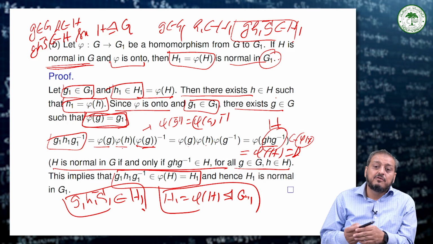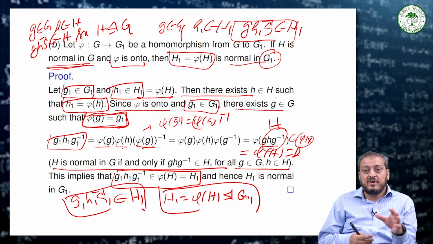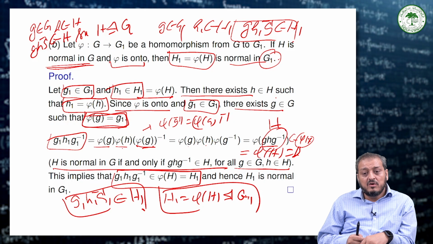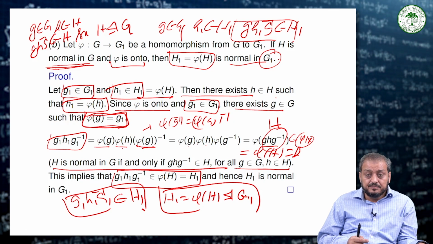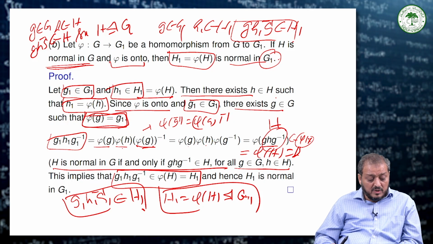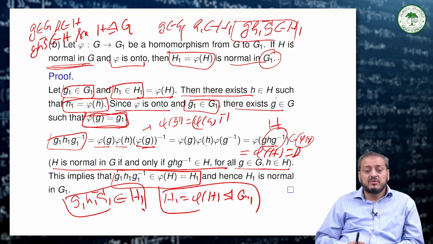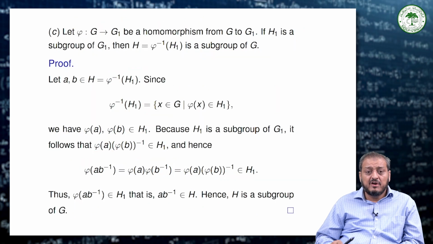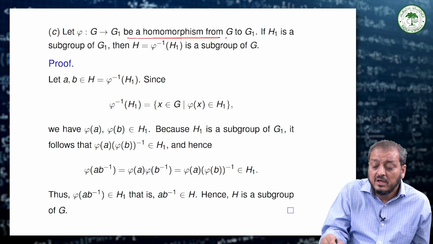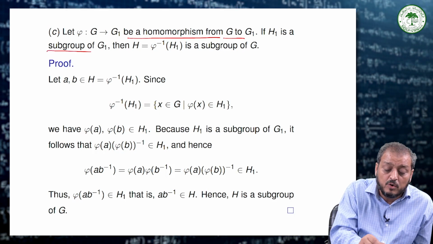This result says: if H is normal and phi is onto, then phi of H is normal in G1. Okay, now next we try the inverse part of this. So the inverse part means we have phi from G to G1 a homomorphism, and H1 is a subgroup of G1.